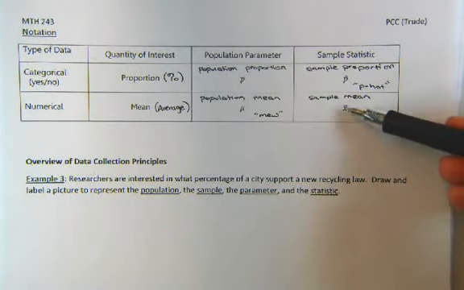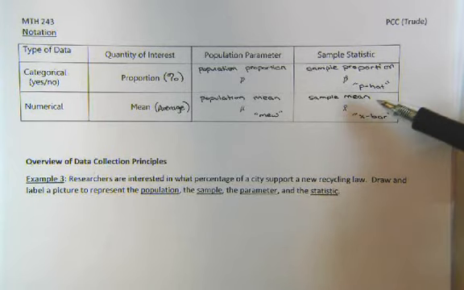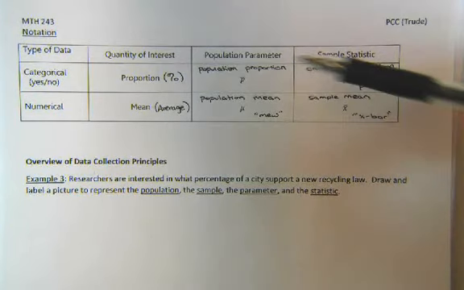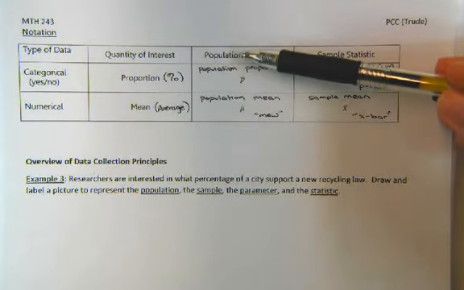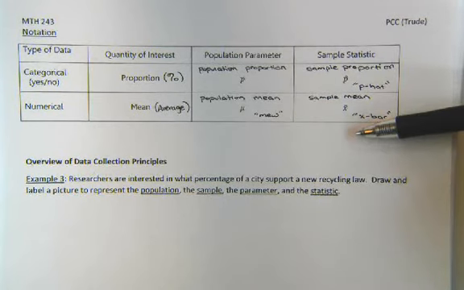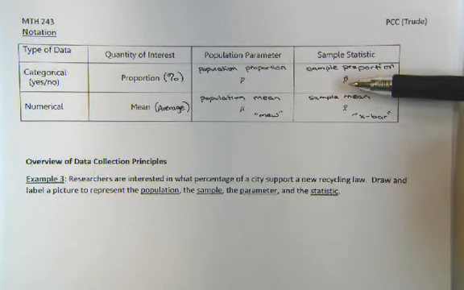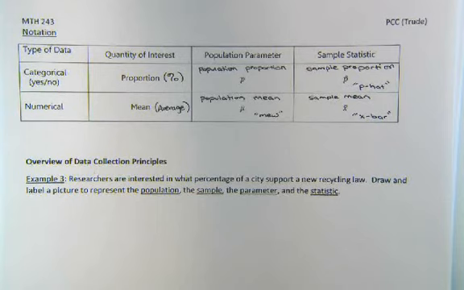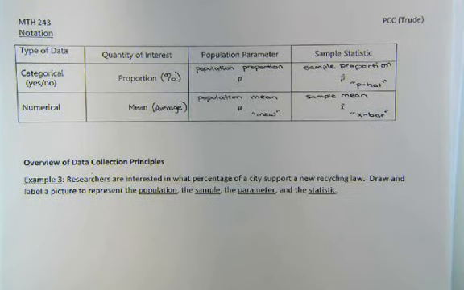That would be if I just talked to, say, 50 PCC students, collected their heights and averaged them. I'd want to use that symbol to show this should be close to the population, but there might be some error involved. So these different symbols are going to come up all throughout our class, population symbol versus sample symbol, because they represent the same sort of calculation, but are more descriptive in terms of where it's coming from and what level of accuracy is attached to it.